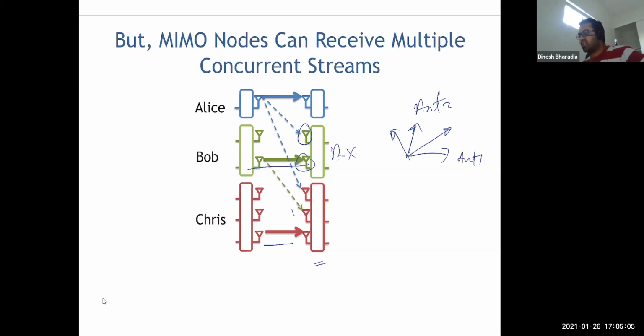Would this system actually work? Are we missing something here? Someone? What would happen if, as soon as Chris starts transmitting, the signal from Chris will also go to Bob and to Alice? Neither Alice nor Bob can keep up.